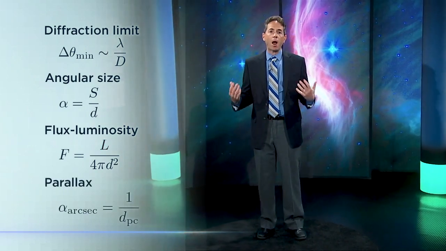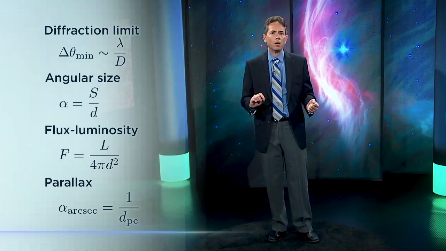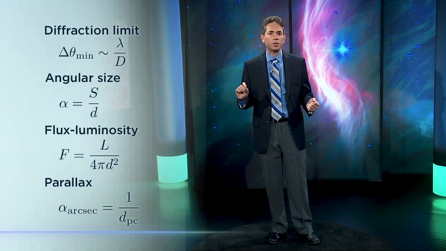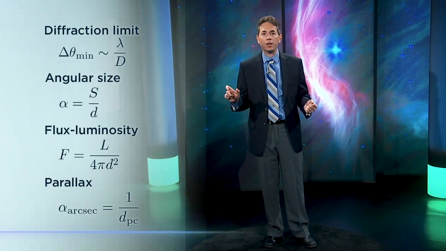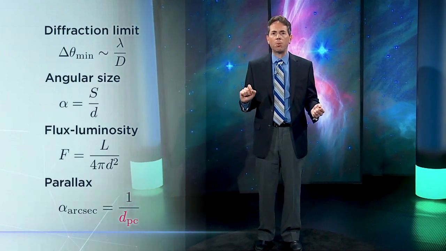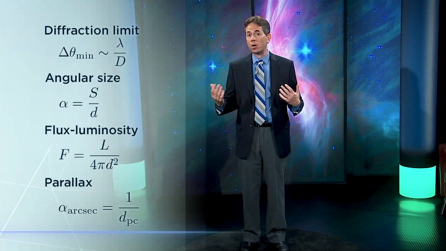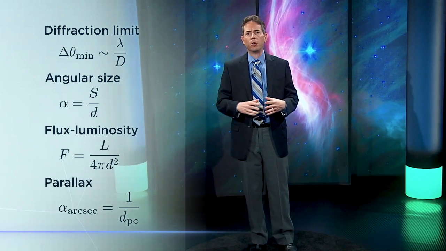Fourth up is the parallax equation. Over the course of a year, nearby stars appear to move on the celestial sphere in little ellipses with a maximum angular size in arcseconds equal to 1 divided by the distance in parsecs. So, a star 10 parsecs away has a parallax angle of 1/10 of an arcsecond.